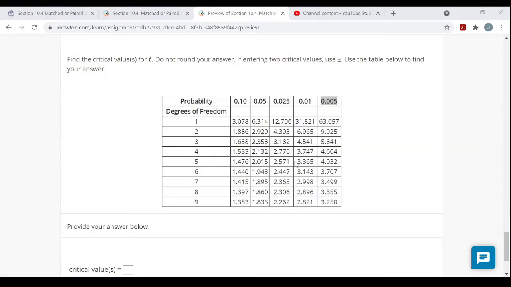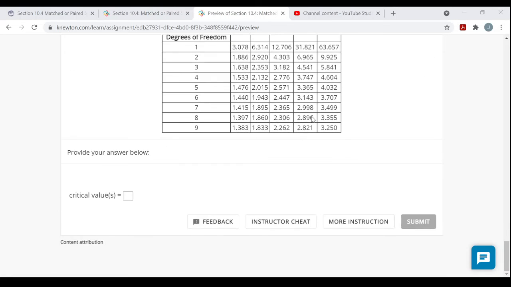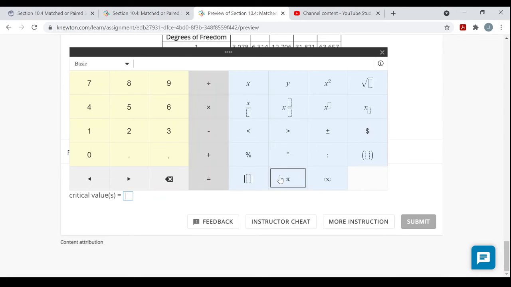Now let's see. Sometimes they told us to separate critical values by commas if there was more than one. Here they're telling us if there are two of them, use the plus or minus sign. So entering the critical values, I'll go plus or minus 4.032 that I got from that table.